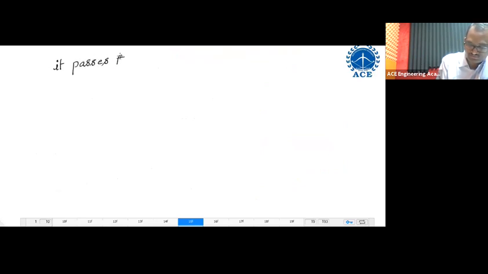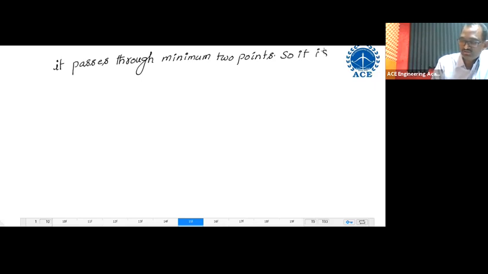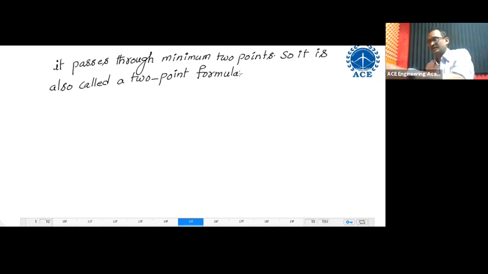And it passes through minimum 2 points, so it is also called a 2-point formula.